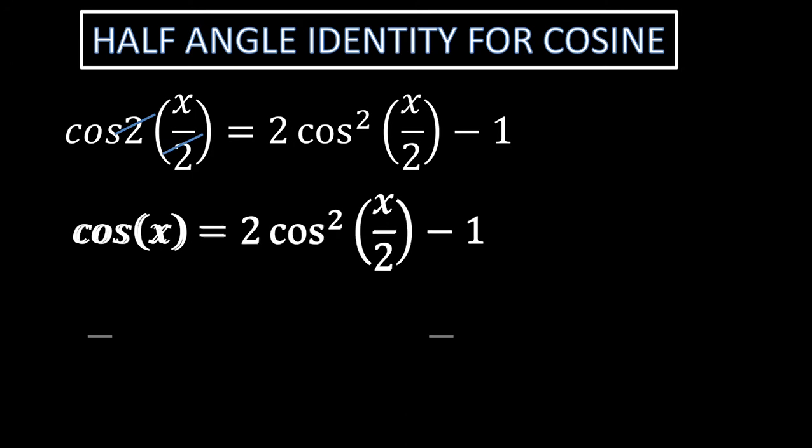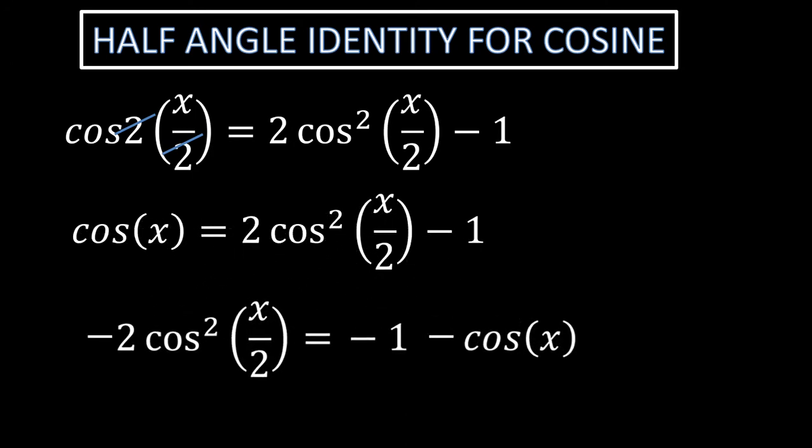So, algebraic manipulation na lang. Negative 2 cosine squared of x over 2 is equal to negative 1 minus cosine of x. So, I'll multiply both sides of the equation. Bago ko pala yun gawin, I will factor out yung negative sa 1 minus cosine x.